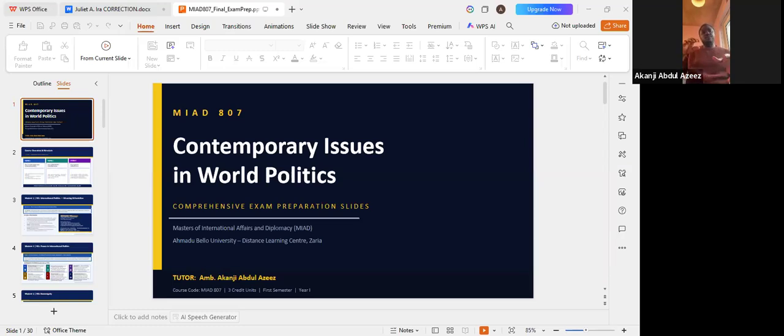As I said, the first part of module one talks about the concepts in international politics. The first concept we look at is international politics. The second concept is power. What is power? From one of the definitions of international politics, we mentioned the struggle for power, which makes power one of the important concepts in international politics.